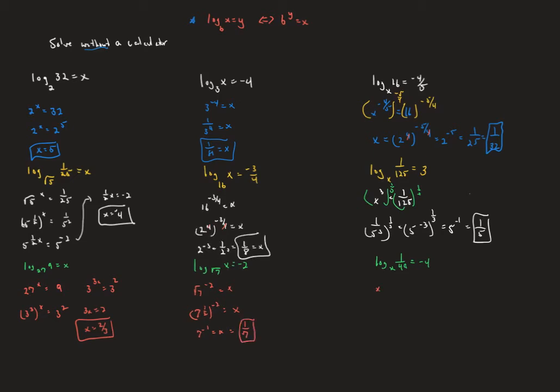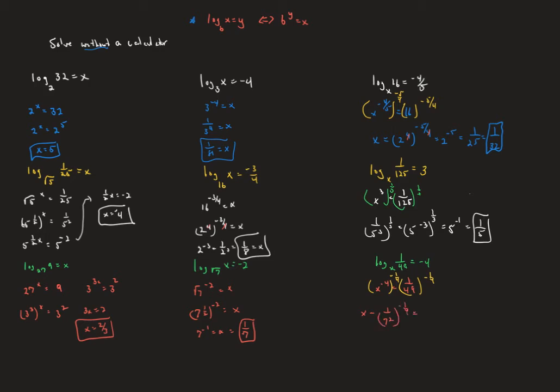And the last one, x to the negative 4, is 1 over 49. So we're going to raise both sides to the reciprocal power. So I'm going to raise both sides to the negative 1/4 power. And so that's going to become just x. The 49 is 7 to the second.